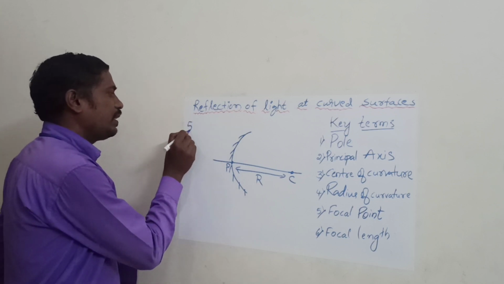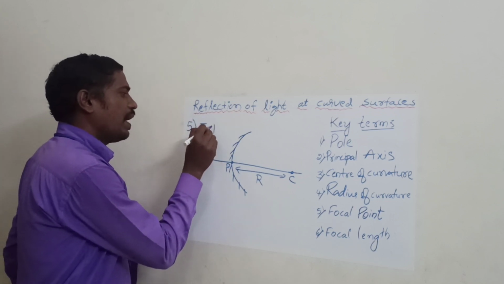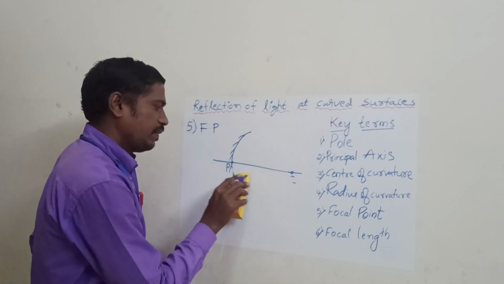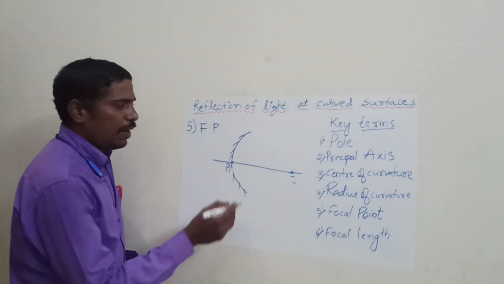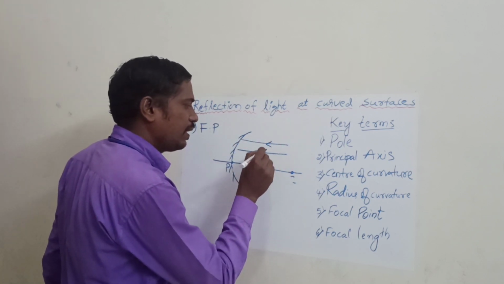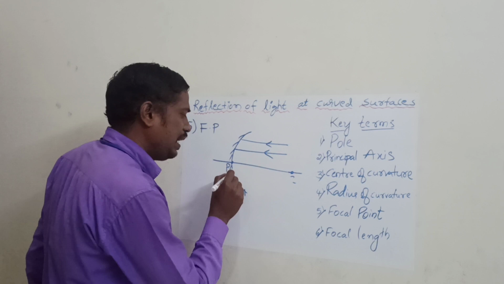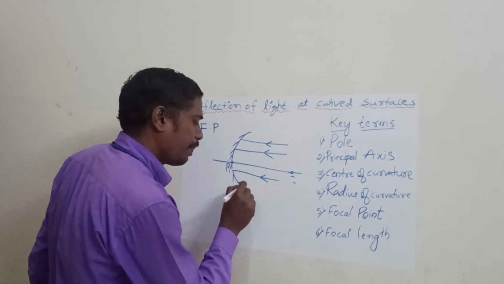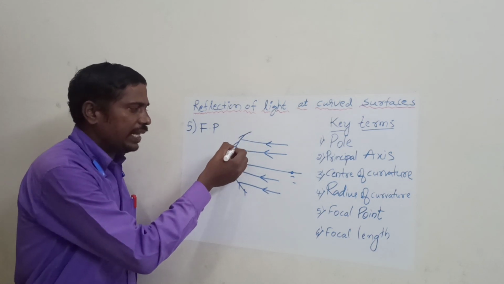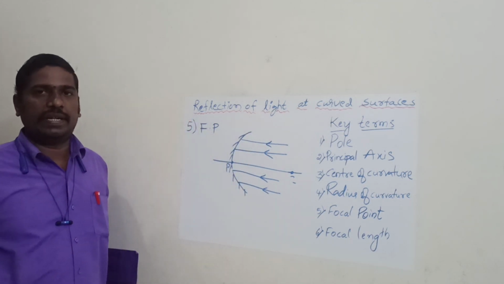Fifth term is focal point. Observe here, these are the parallel rays. These parallel rays are incident on the concave mirror.